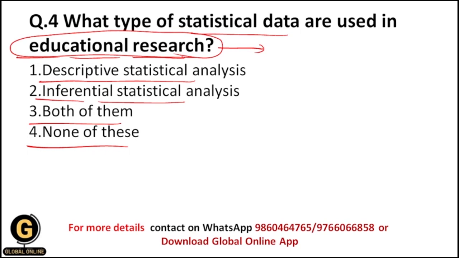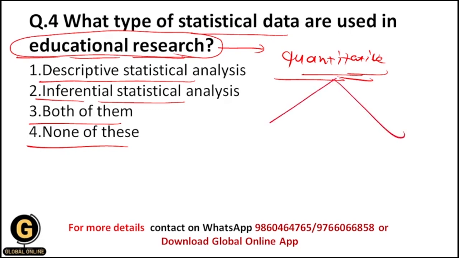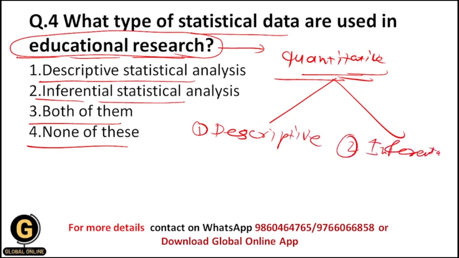When we want to collect quantitative data, and after that analyze it, then obviously for the analysis we are going to test it through statistical analysis techniques. And there are 2 types of statistical analysis techniques: one is descriptive statistical analysis and the second one is inferential statistical analysis.